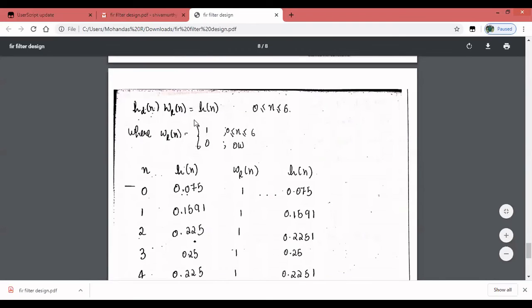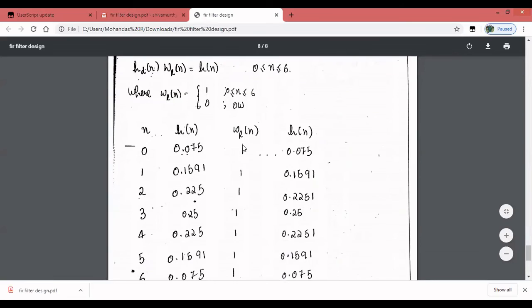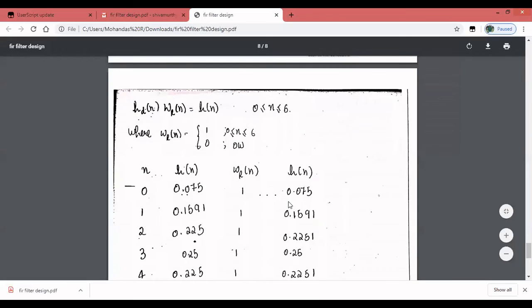How to find the impulse response? h of n is equal to hd of n into w r of n in this case. What is w r of n? It will always be the same, the magnitude will not change here. So for a rectangular window, it is 1 completely. So I have to calculate what is my h of n. How to calculate h of n here?